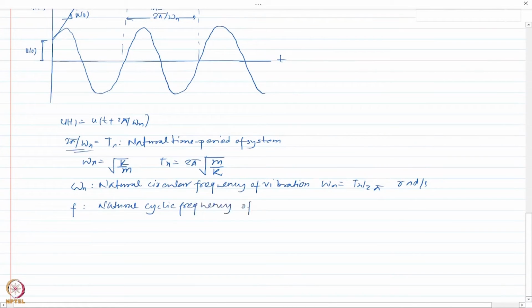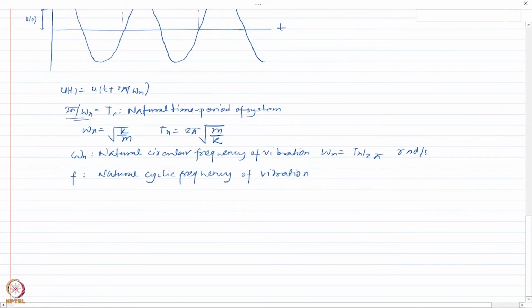First let me write down the relationship between f and omega n. f is, in terms of the time period, 1 by Tn. So this is the cyclic frequency of vibration, and it is also related to omega n using this relationship.